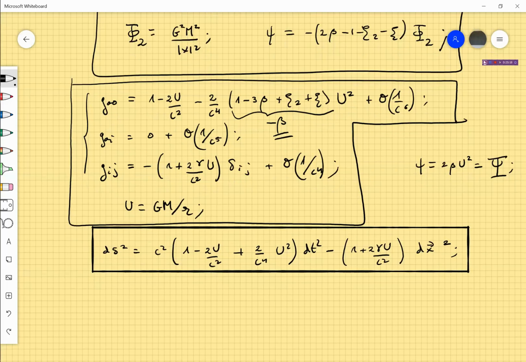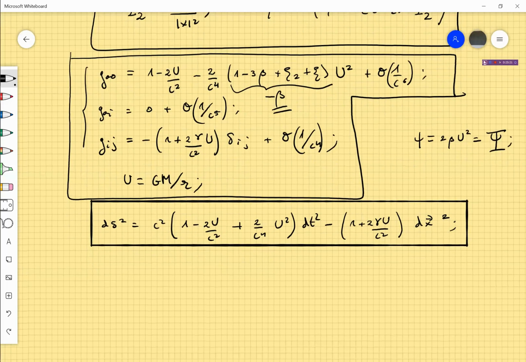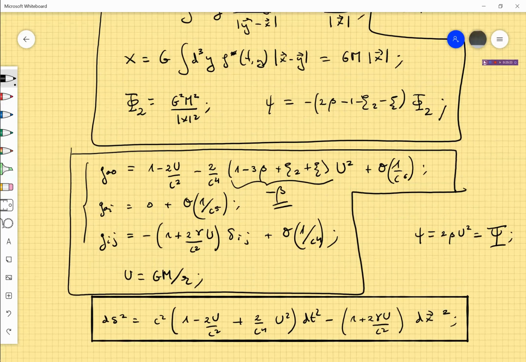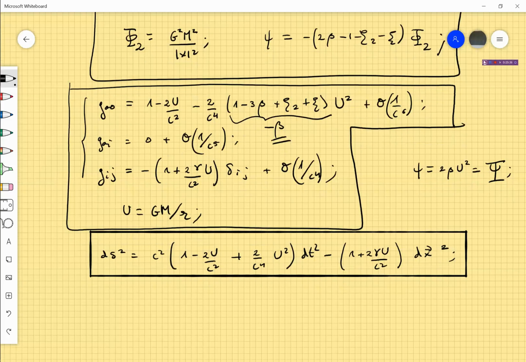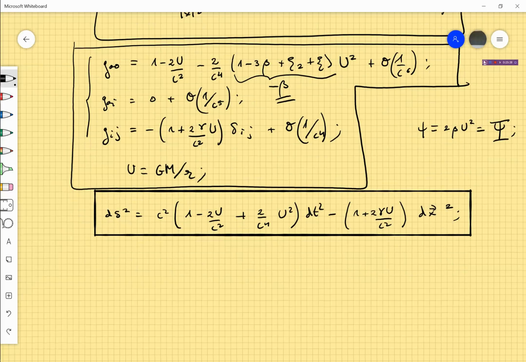Well, I told you that the values of beta and gamma are 1 in general relativity. This is something that we saw, but you can also recover it by studying the Schwarzschild metric. The Schwarzschild metric should admit a post-Newtonian expansion of this form, and from it you could read the values of beta and gamma.